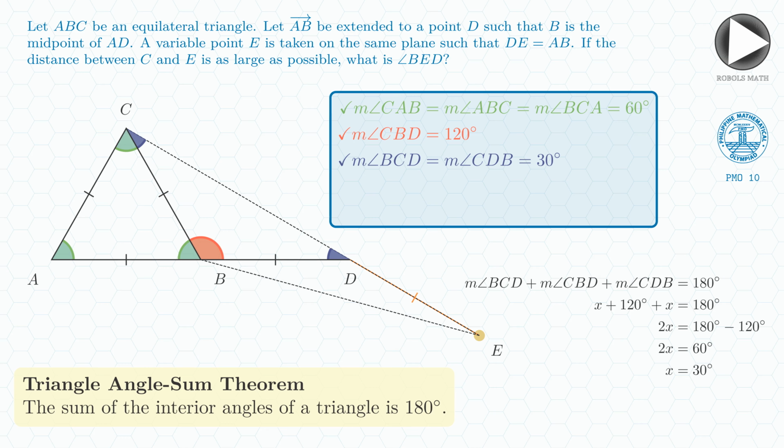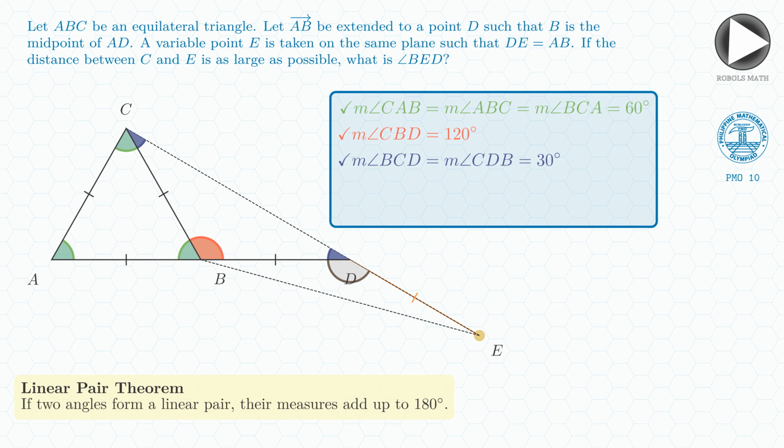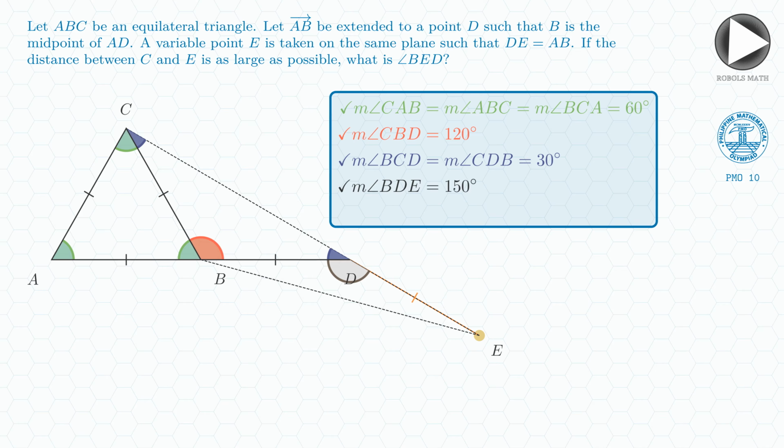Next, we make use of the linear pair theorem, again, to conclude that the measure of angle BDE is 150 degrees. Lastly, we look at the golden angles DBE and BED. Note that BDE is another isosceles triangle like CBD, so we can use the same theorems and arguments we used earlier to get this measure of the golden angles.